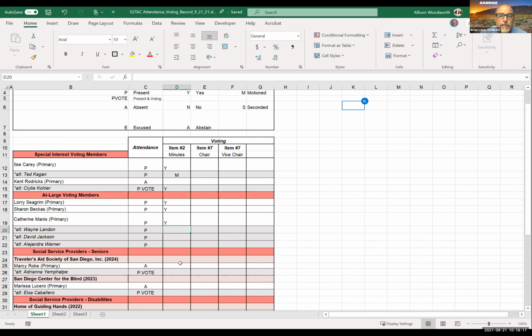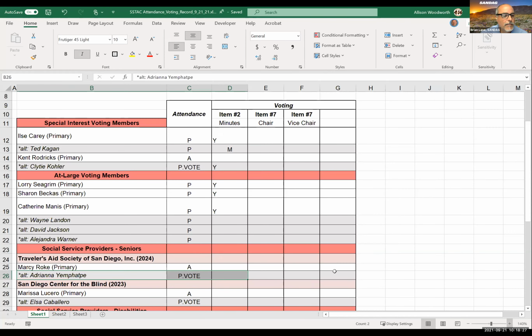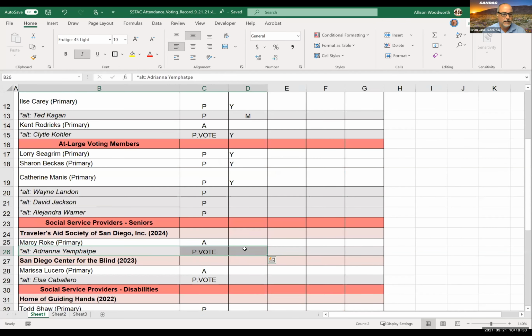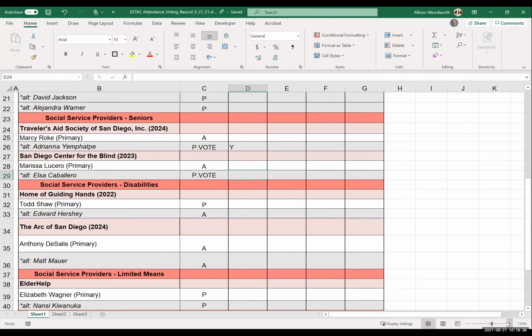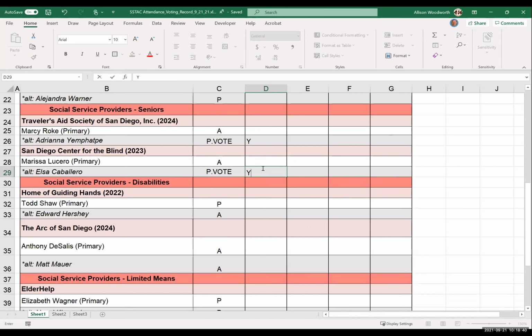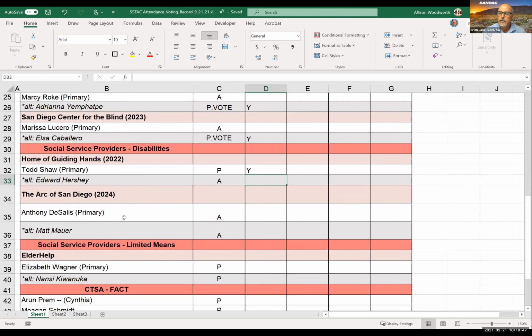Let's see, it's hard to see that screen. I believe the voting member is Adriana for Travelers. Yes, I approve. All right. Elsa. Approve. Thank you. Todd. Approve. Just in case, did we happen to get anyone from the ARC jump in yet?